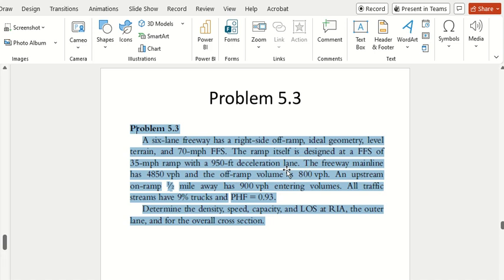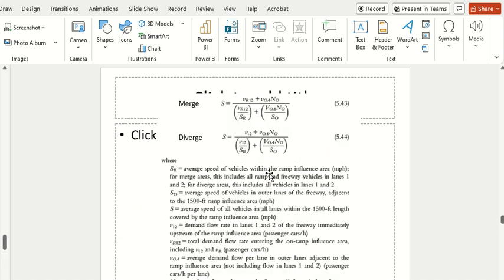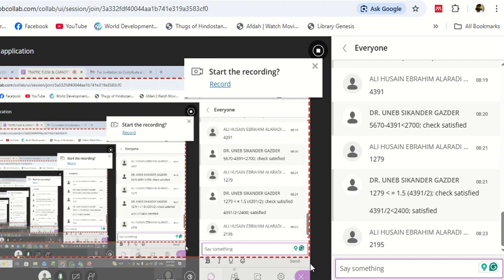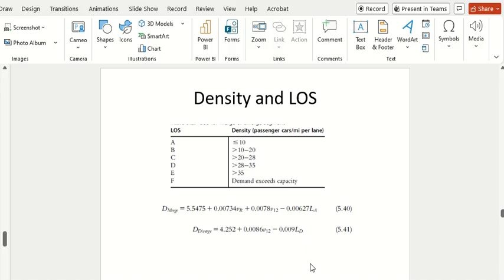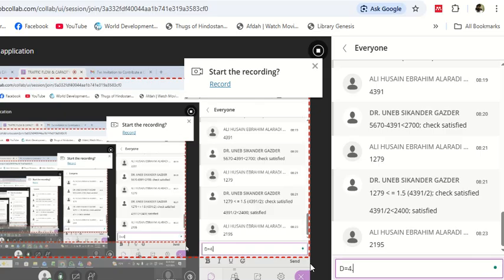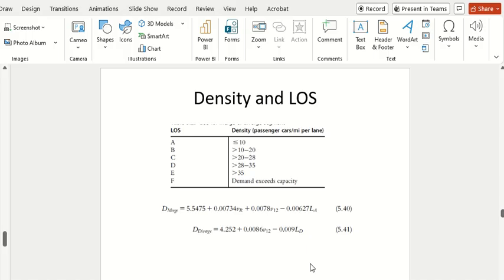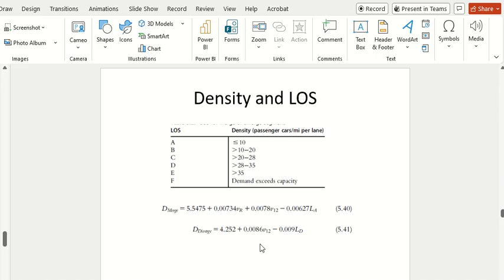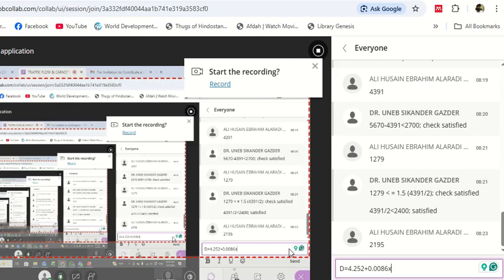Length of the deceleration lane is 950 feet, so LD is 950. V12 was 4391.